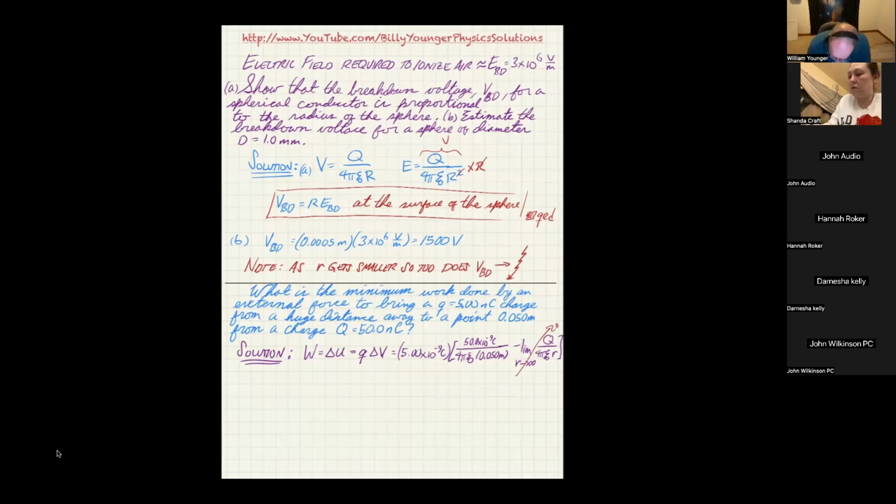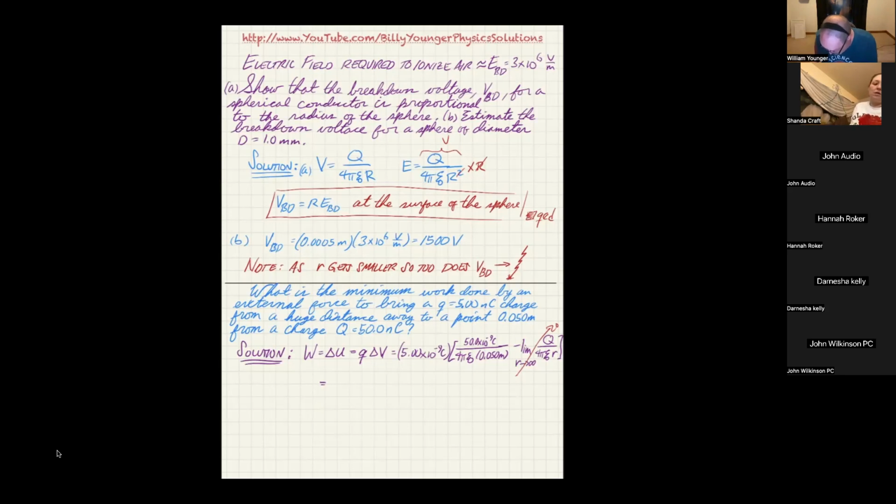So when I do this, I'm ultimately going to get 5 times 10 to the negative ninth times 50 times 10 to the negative ninth, divided by parentheses 4 times pi times 8.85 e to the negative 12. That's coulomb squared per newton meter squared.